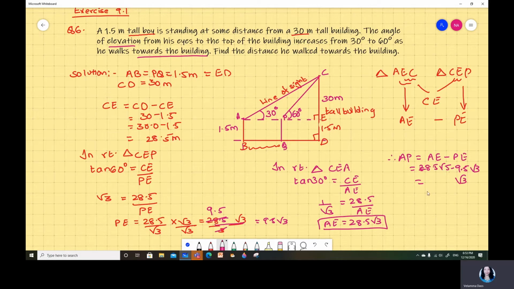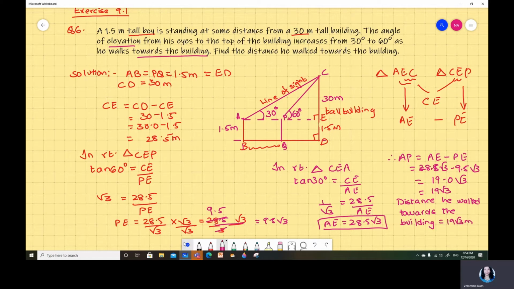So we have root 3, and 5 minus 5 cancels to 0. Here we get 19. So the final answer is 19 root 3. At the last, don't forget to write the final answer. The distance he walked towards the building equals 19 root 3 meter.